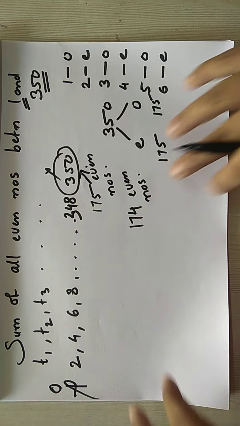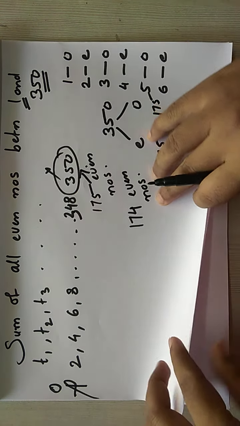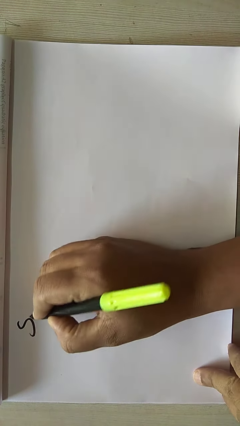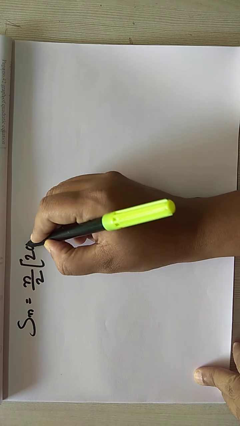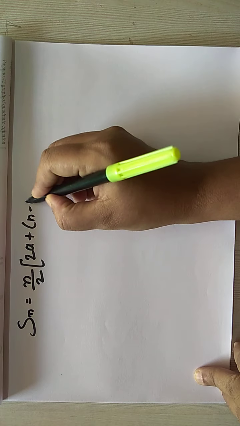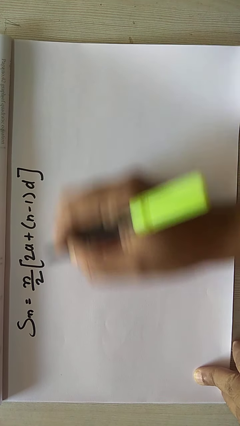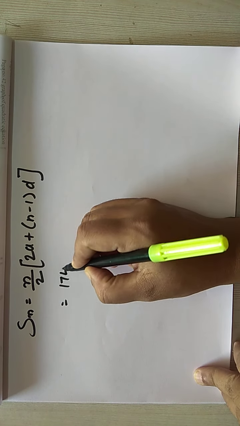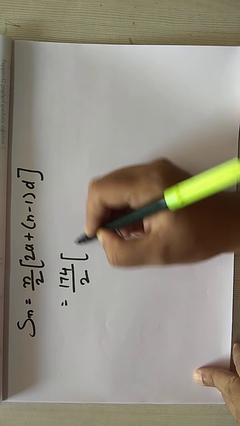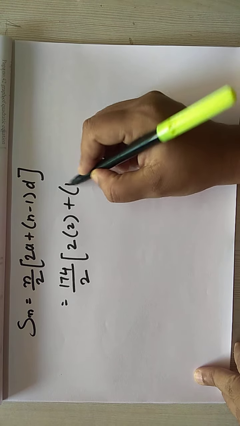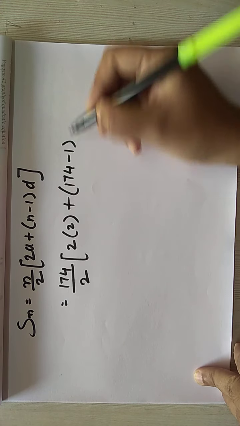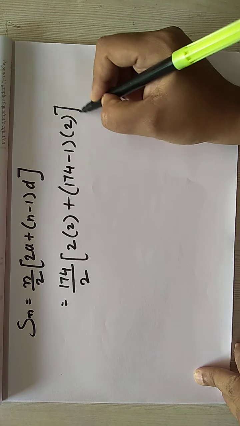Okay, let's see what we get according to the SN formula. SN formula is n upon 2, 2a plus n minus 1 into d. That is 174 numbers total upon 2, 2 into first even number, which is 2, plus 174 minus 1, into common difference, which is 2.